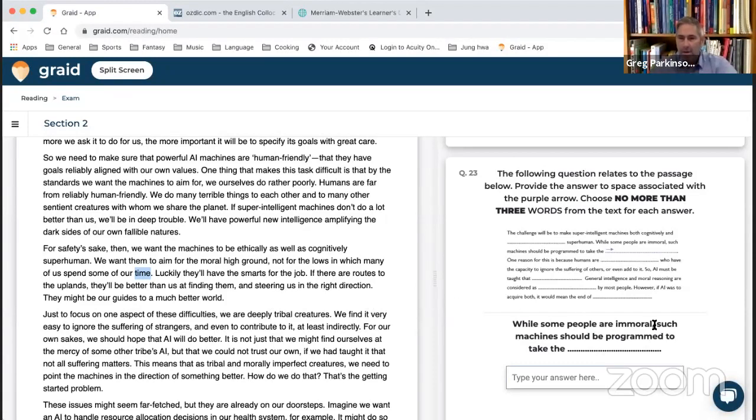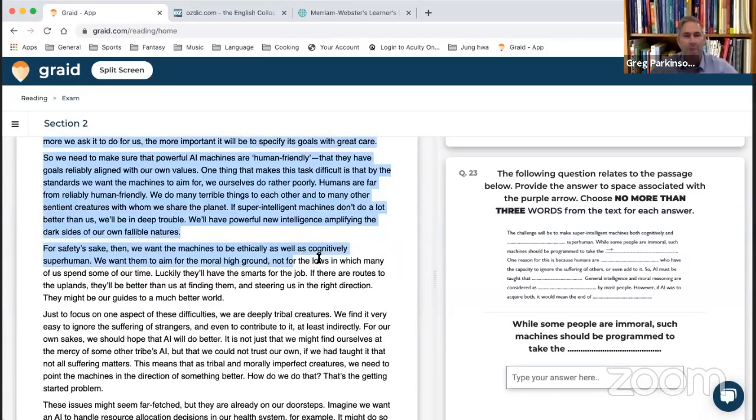So it says while people are immoral. So then what we're doing is we're matching the meanings, right? So while some people are immoral, that has the same meaning as the lows in which some of us spend our time, right? So we are humans, we want machines to aim for the moral high ground, not the lows, right?